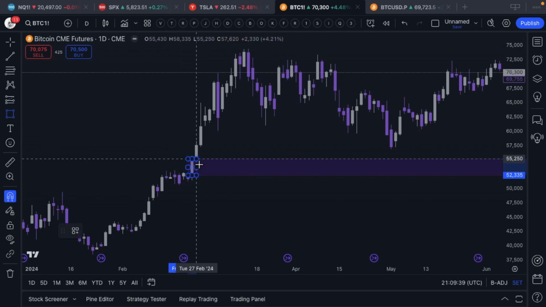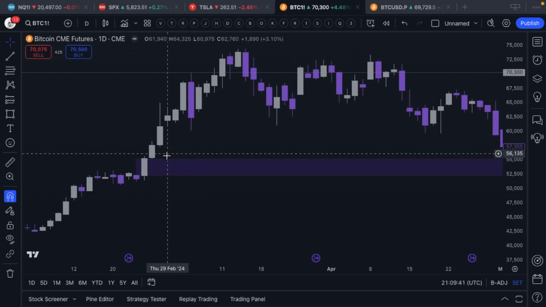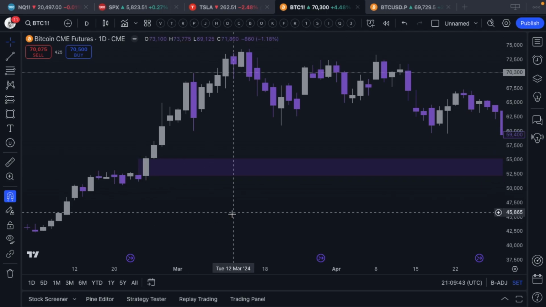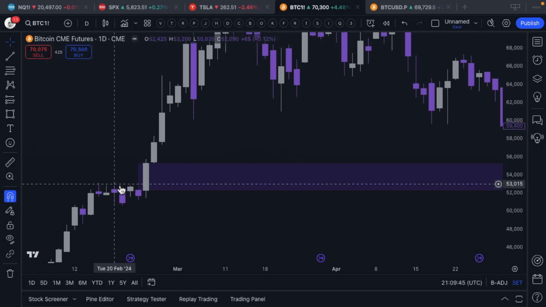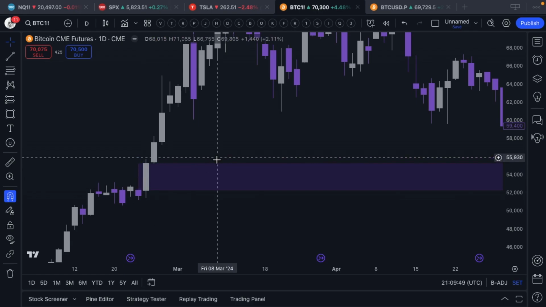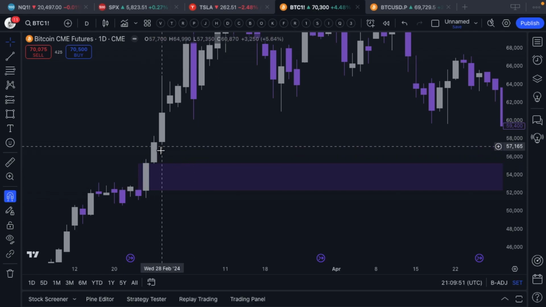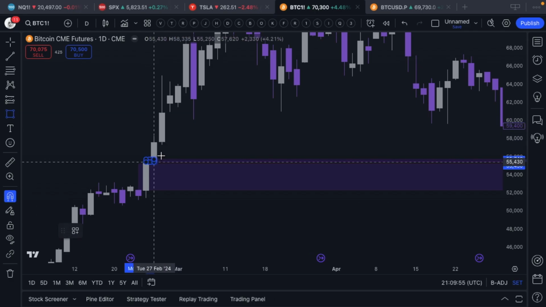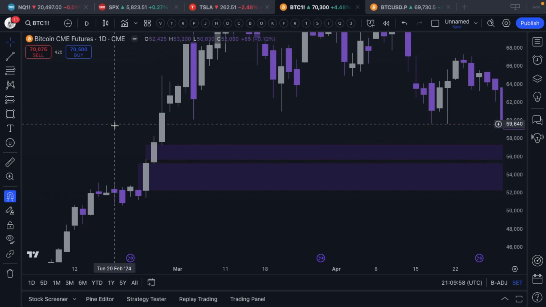All right, so this is a fair value gap on a 3-bar pattern, and it's broken out of a consolidation, so it's a breakaway gap. And then the next candle continues gapping. So this is now called a runaway gap.